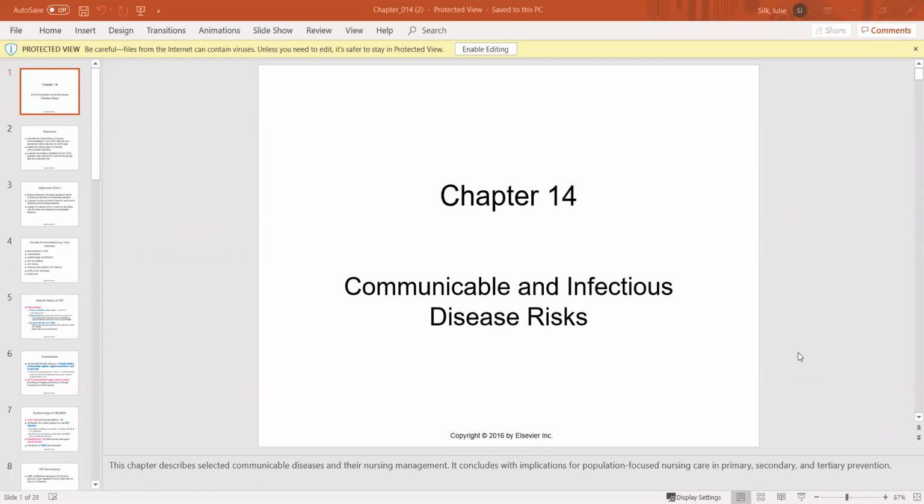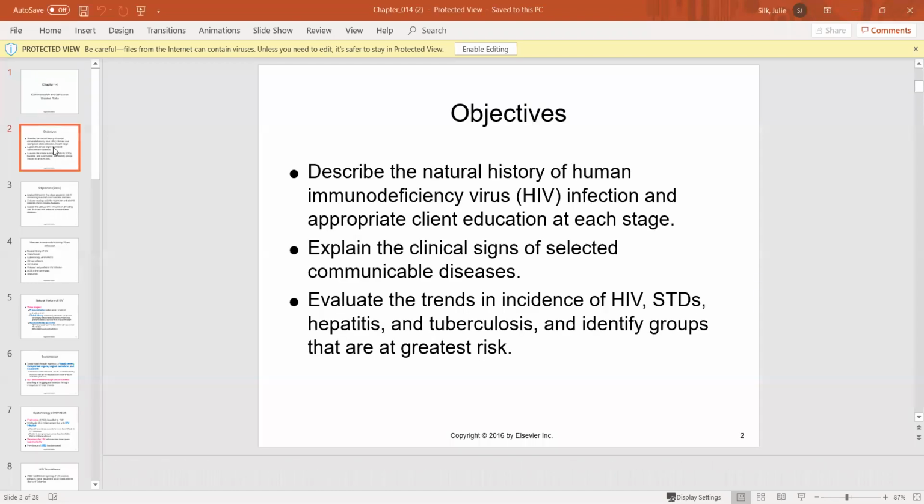All right, so this one is talking about communicable and infectious disease risks. So in this chapter, we are going to describe the natural history of HIV infection and appropriate client education at each stage. We're going to talk about clinical signs of selected communicable diseases.